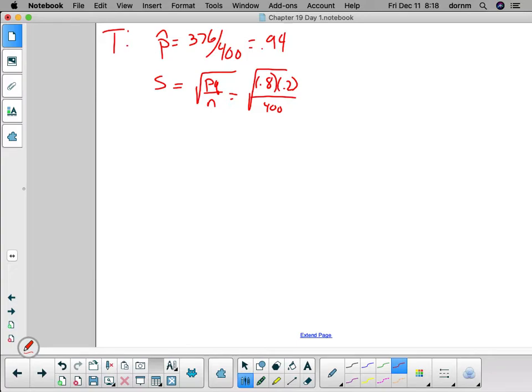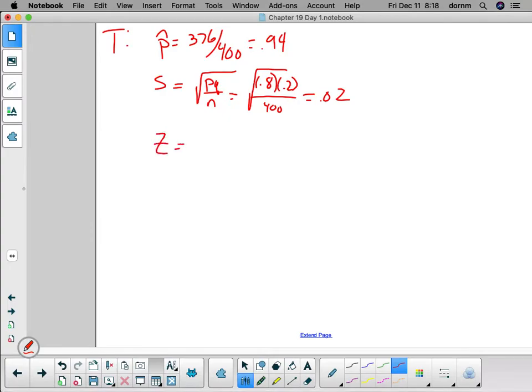And square root of that is actually exactly 0.02. How nice is that? Okay. So now that I have a mean and a standard deviation, I can do a z-score.